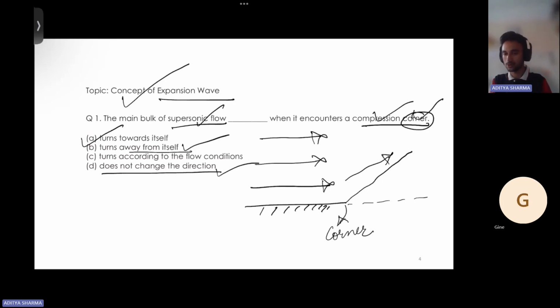But because it's a compression corner, it will move towards itself, and in that case it's an oblique shock, and the answer is A, right? So this was the first question, based on the concept of oblique shocks.